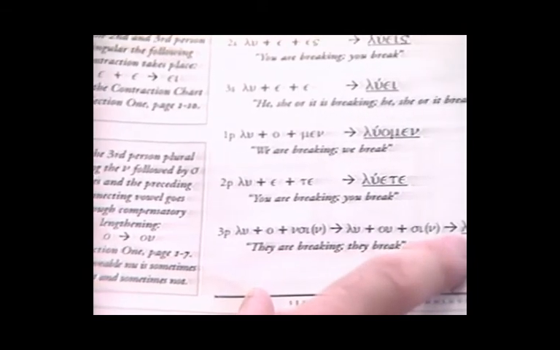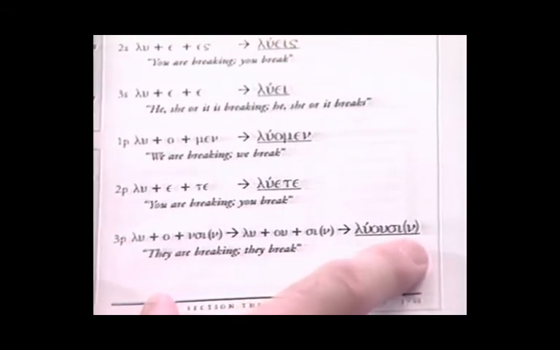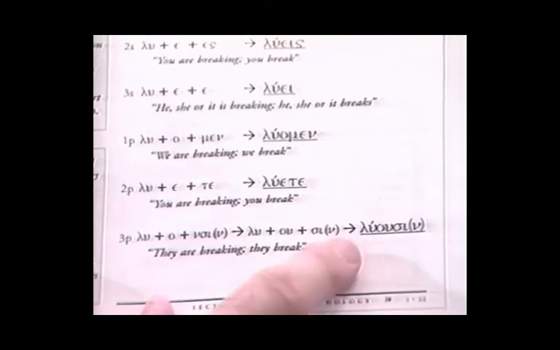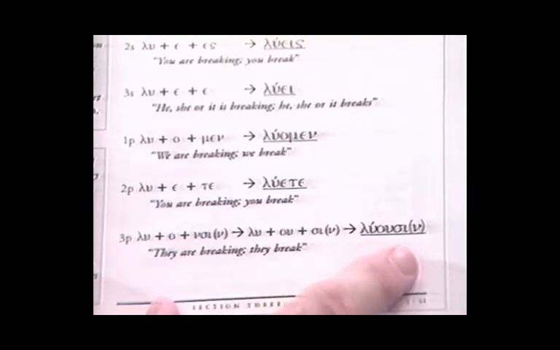The resulting form then, as you see, would be luousin. The ou comes from the omicron having gone through compensatory lengthening. When an omicron goes through compensatory lengthening, it becomes the diphthong ou. So we wind up with the form luousin.